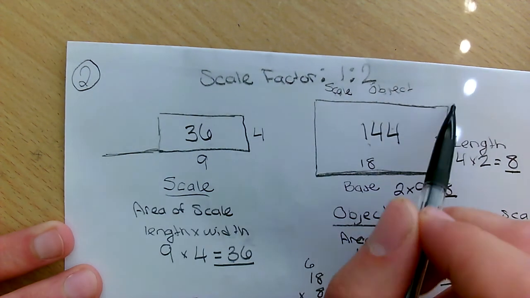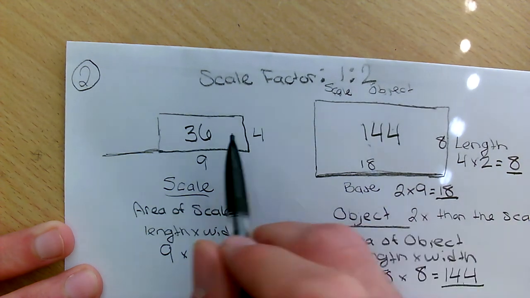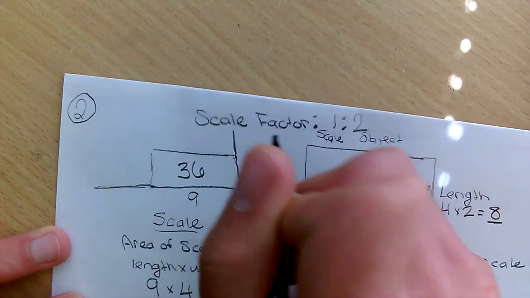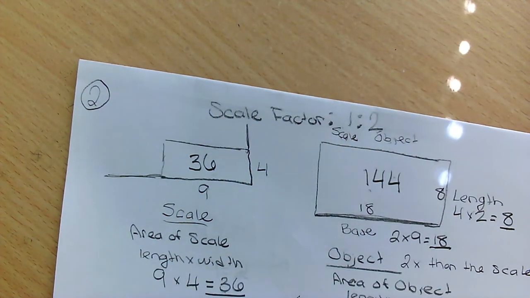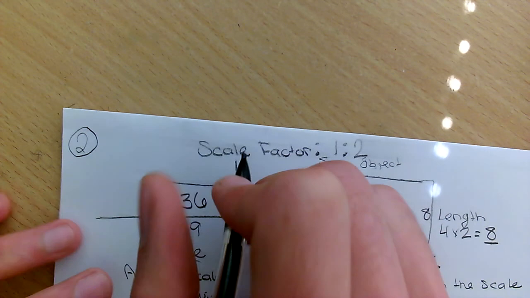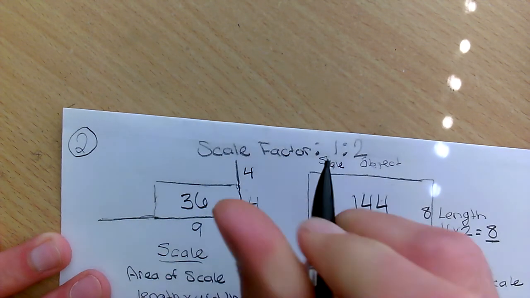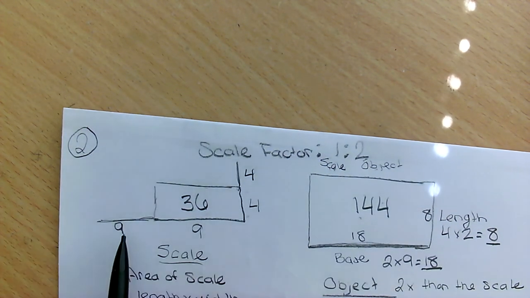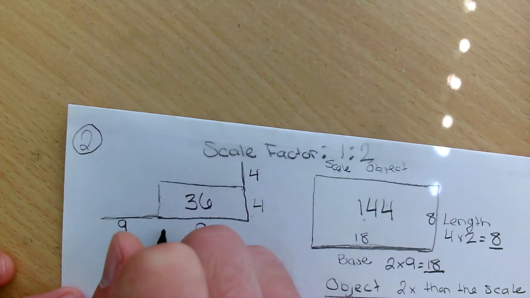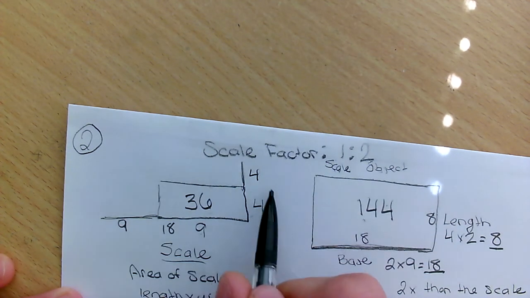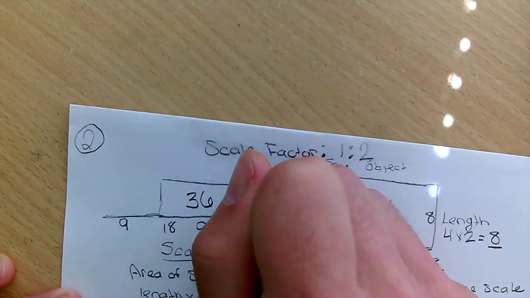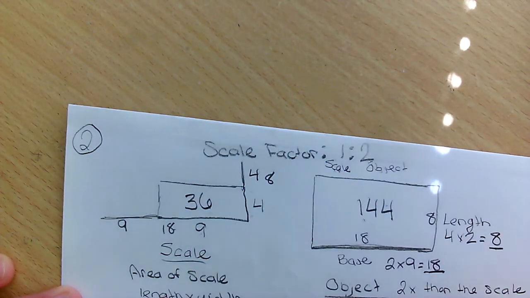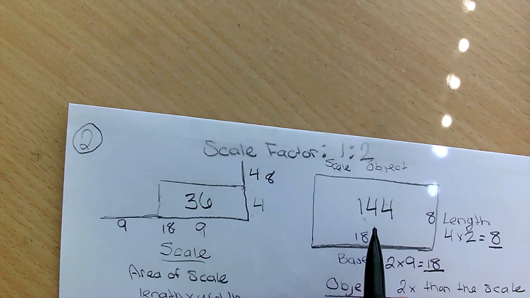And this length right here is twice the length of this right here. So that means that this is 4 and this is 9. And now if you do 9 plus 9, that's 18. And if you do 4 plus 4, that's 8. And 18 times 8 is 144.